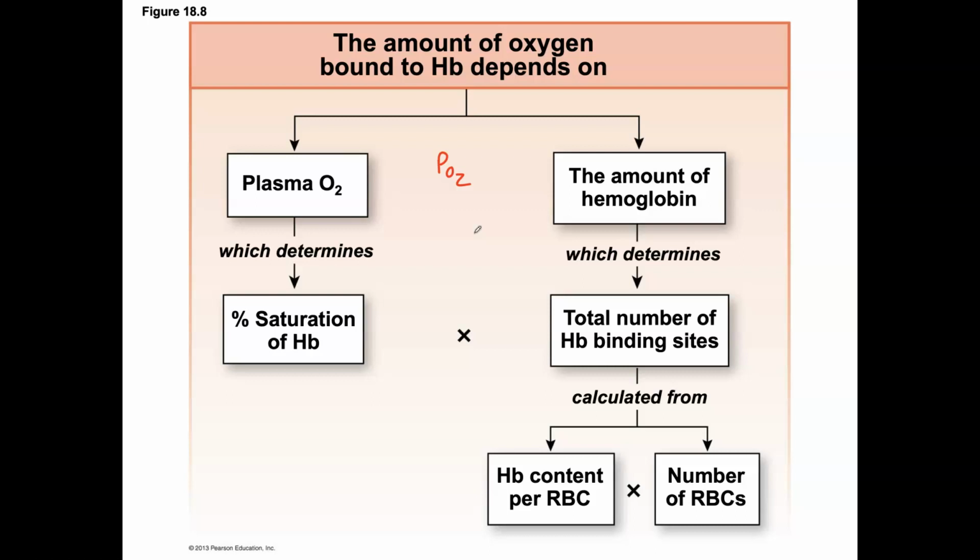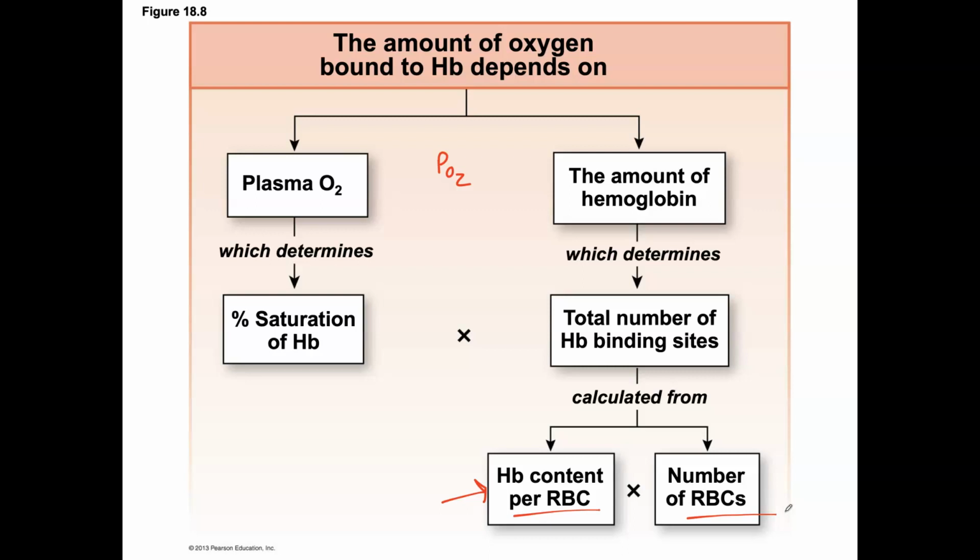And then number two, the number of hemoglobin binding sites. So the amount of hemoglobin binding sites is determined by hemoglobin content in our red blood cells, and also the number of red blood cells that we have. So clearly conditions that we call anemias are going to affect our total number of hemoglobin binding sites.